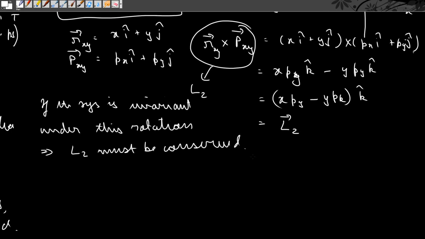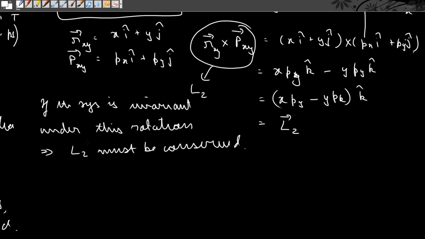Or in other words, if there is conservation of angular momentum component along a particular axis, it implies that the corresponding system is going to have symmetry with respect to rotation about that particular axis.